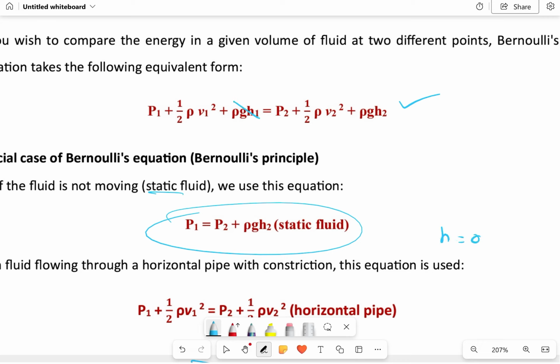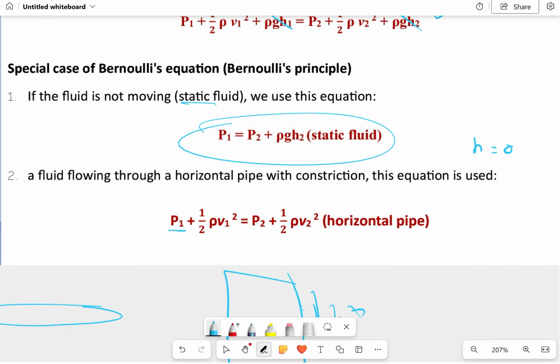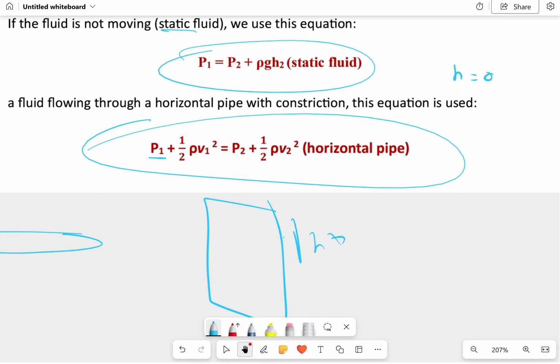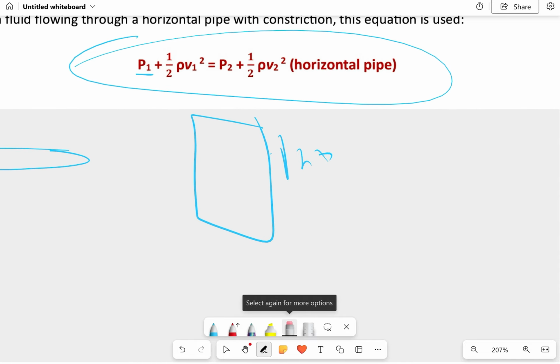Then this one is going to be 0, and this one is going to be 0 too. What do you have left? You have P1 plus 1 over 2 rho V1 squared is equal to P2 plus 1 over 2 rho V2 squared. This is the horizontal pipe. Try to memorize these equations because you will be needing them in solving the practice questions.